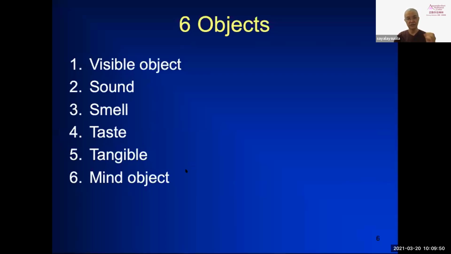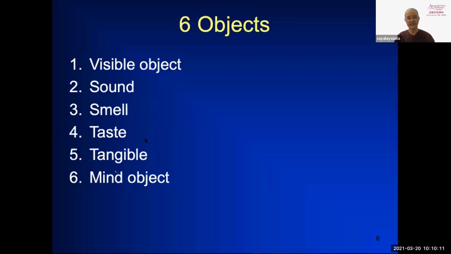Therefore, it's important to know the objects first. There are 6 types of objects: visible object or color, sound, smell, taste, tangible, and mind object. Please remember these 6.